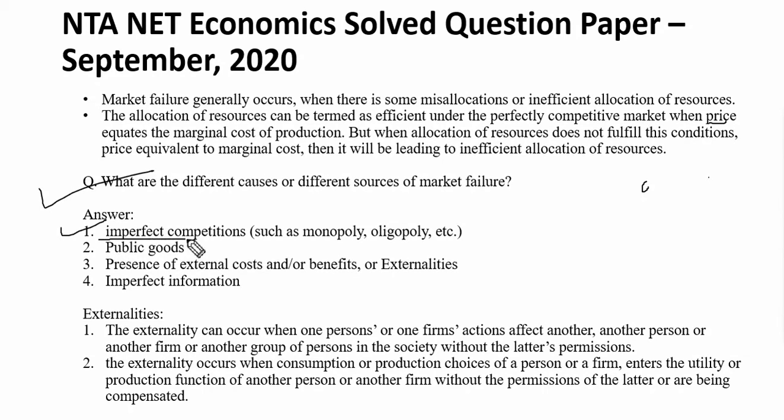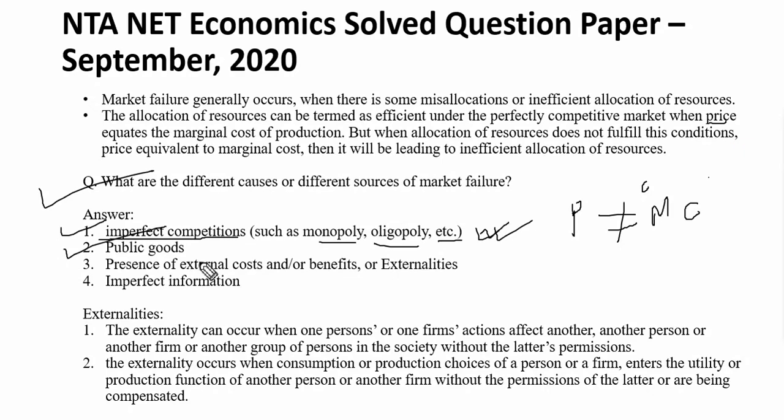When there is no perfect competition, such as the presence of monopoly, oligopoly, and some other forms of market, it creates market failure because there is misallocation of resources as P is not equal to marginal cost of production. Because of this reason, market failure occurs.